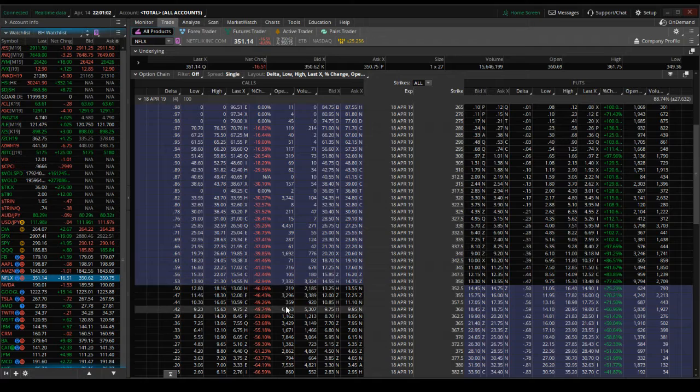Open interest is the amount of contracts that are still open at a strike price. Your volume is the amount of contracts traded that day. This will show you how many were bought and how many were sold at that strike that day. So this could be buys and sells, but at the end, open interest is only the contracts that are still there.